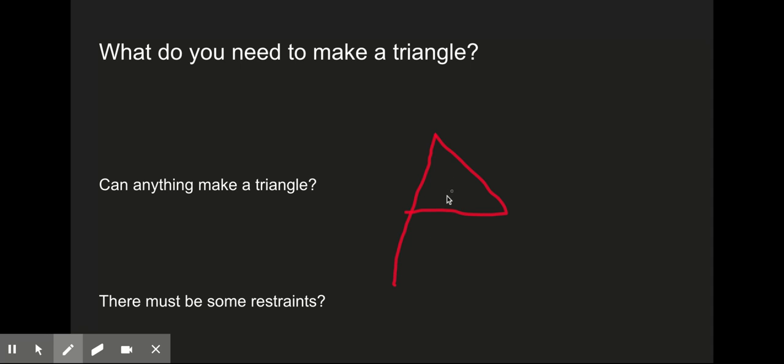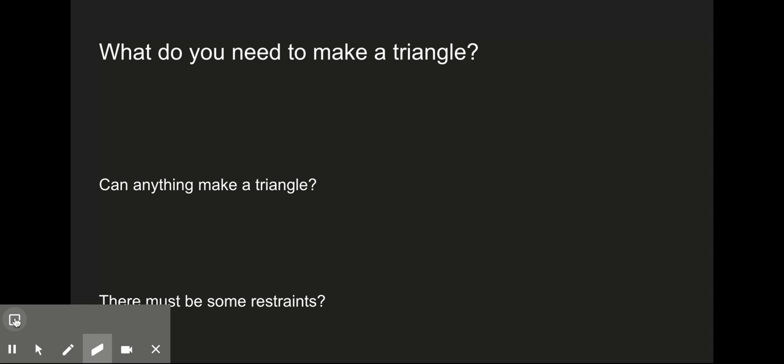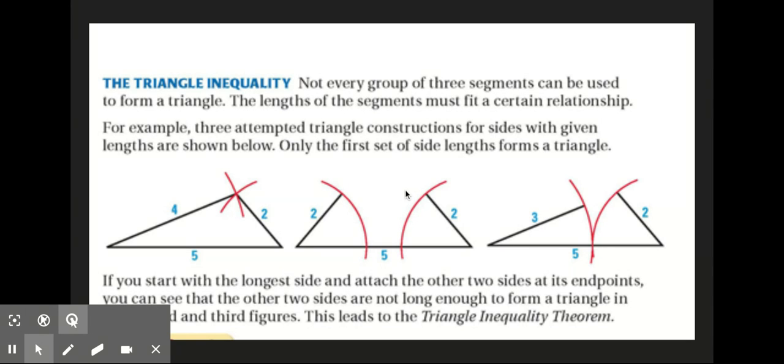Like that's not a triangle. Like this part of it is, sure, but just extending this side all the way through, it's too long, right? Not a triangle. This is the triangle inequality. The idea that not every group of three can form a triangle. There must be a certain relationship.